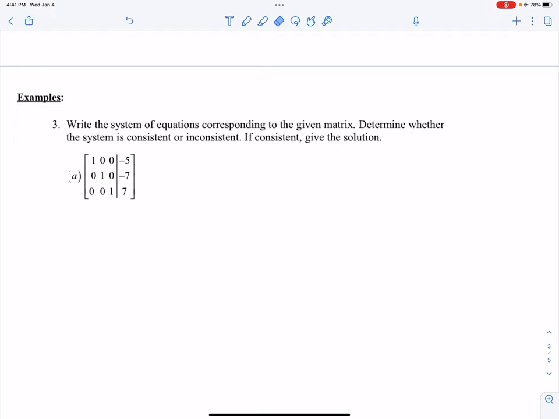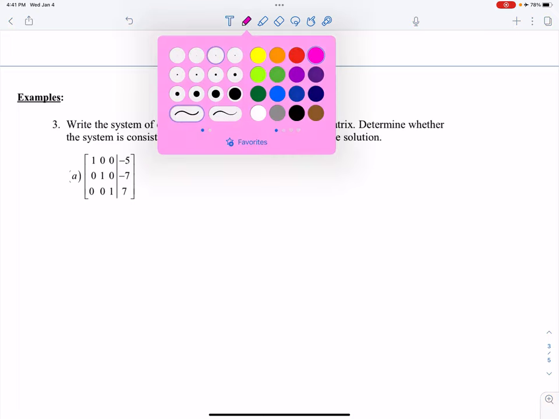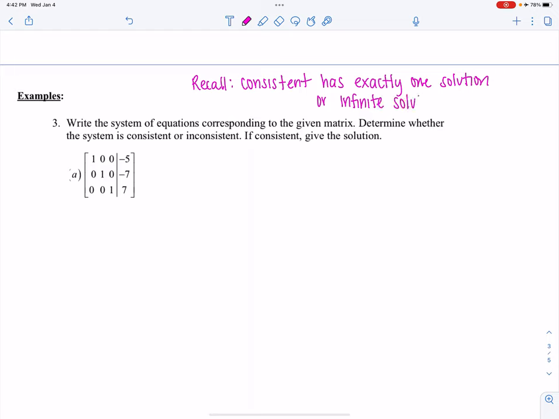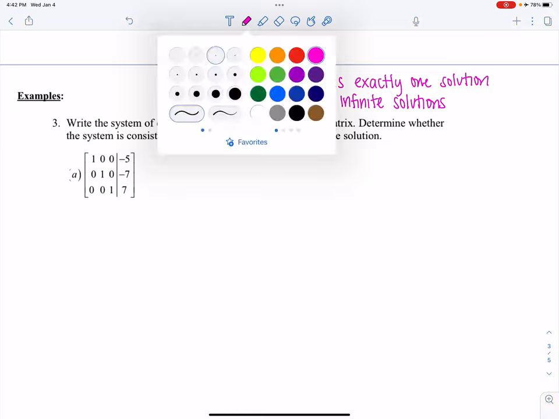Okay, so recall, consistent has exactly one solution or infinite solutions. That's to be consistent. If it's no solution, then it's inconsistent.